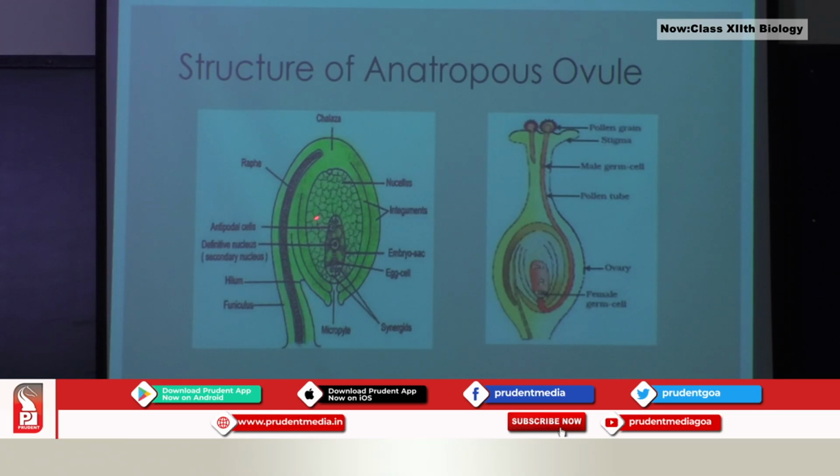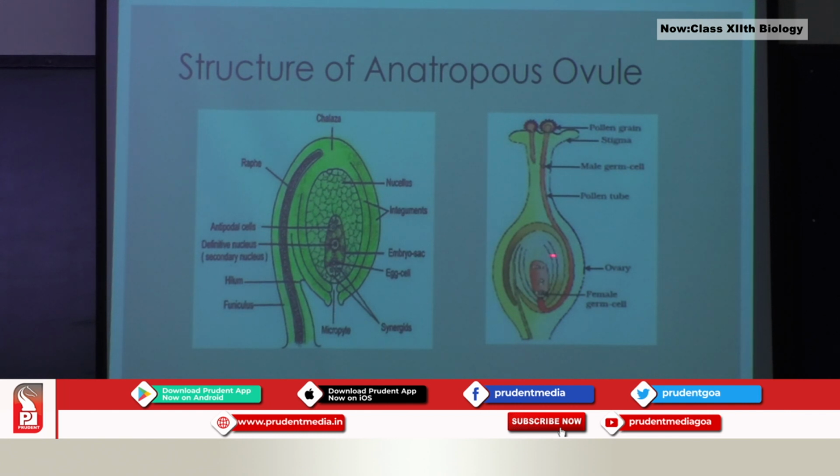On the inside of the body of the ovule, we saw that there is a mass of cells grouped together. This is the nucellus. Nucellus tissue is made up of the nucellar cells. And one of the nucellar cells later on transforms to behave as the megaspore mother cell, which undergoes meiosis to become the embryo sac.